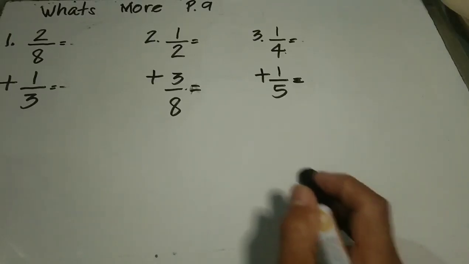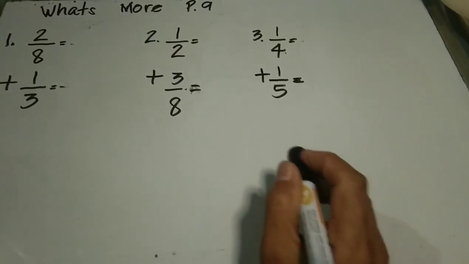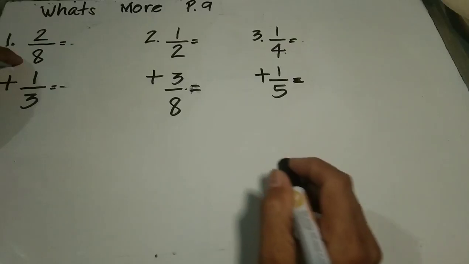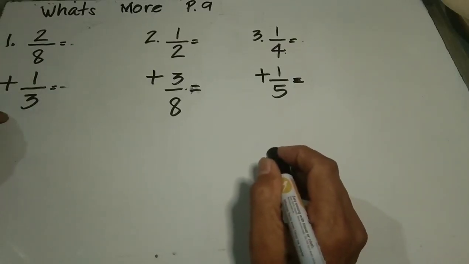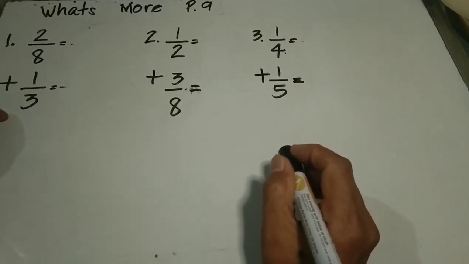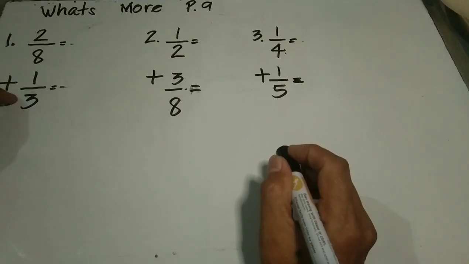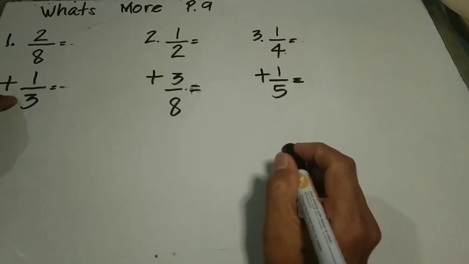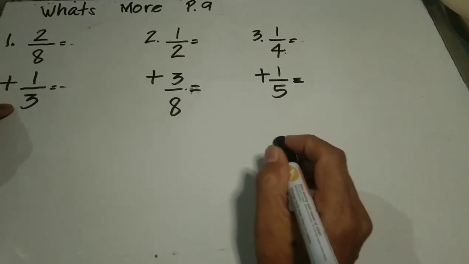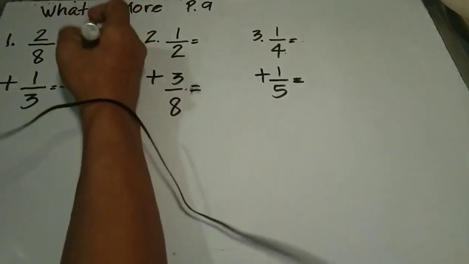Okay, we have 2/8 plus 1/3. 8 and 3 are our denominators. So 8 and 3, we have 3 as a prime number, so we will multiply right away. So we will multiply 8 times 3.